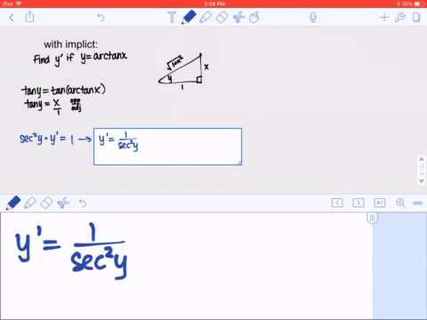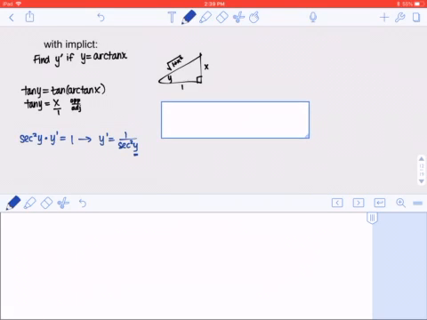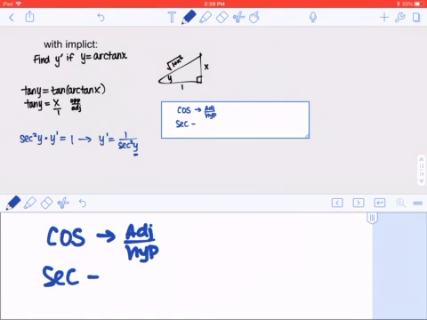All right, I can use the triangle that I made, because this also has angle y, to put this in terms of x if I want. From SOHCAHTOA, cosine of an angle is adjacent over hypotenuse, which means that secant must be hypotenuse over adjacent.